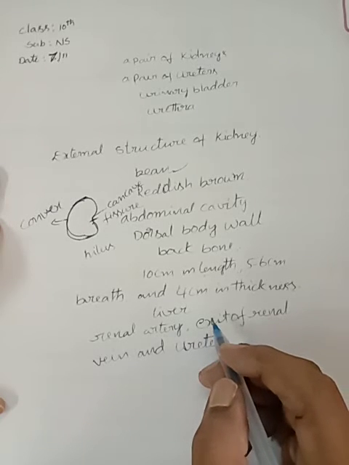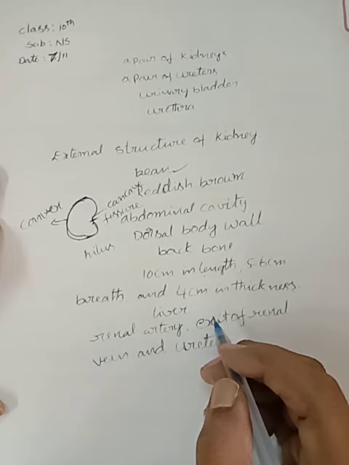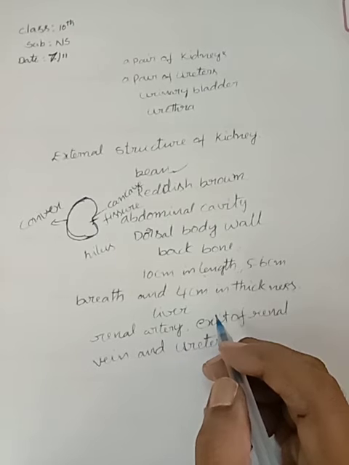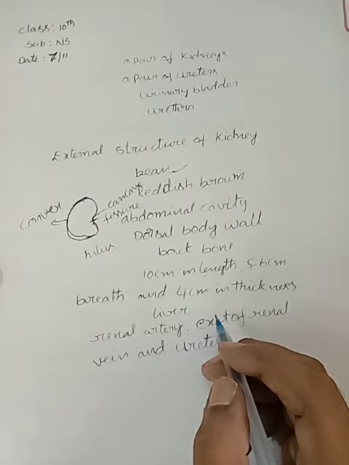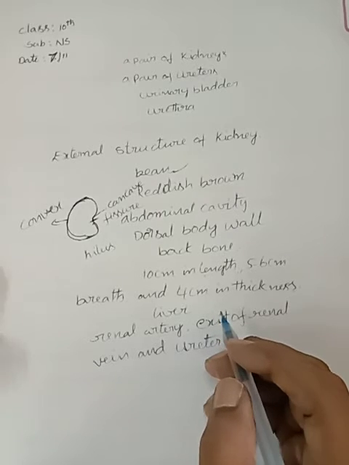Renal artery brings oxygenated blood loaded with waste products, and renal vein carries deoxygenated blood.